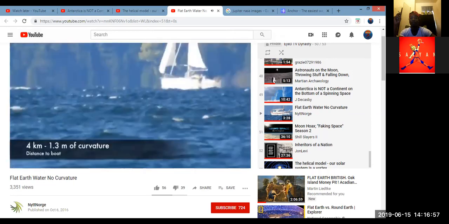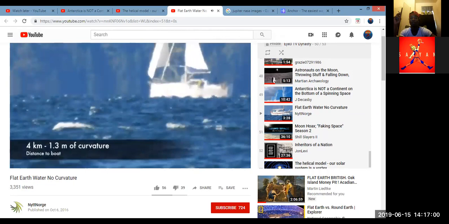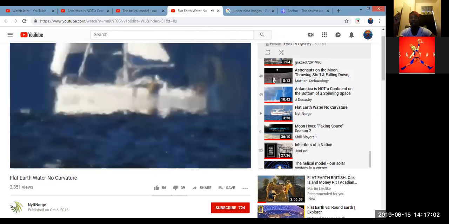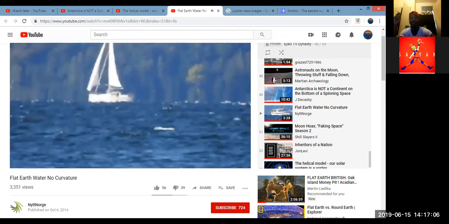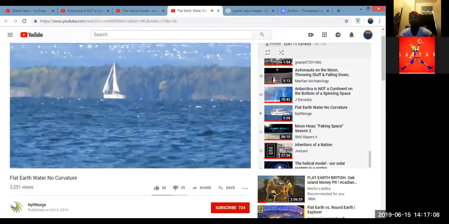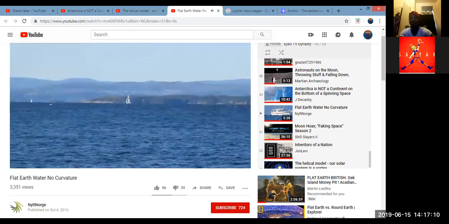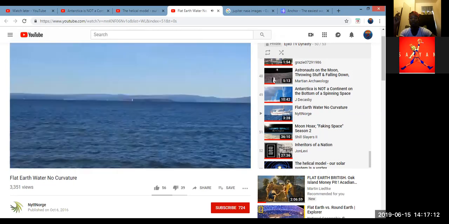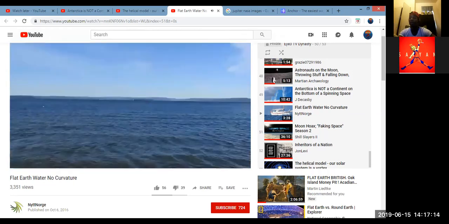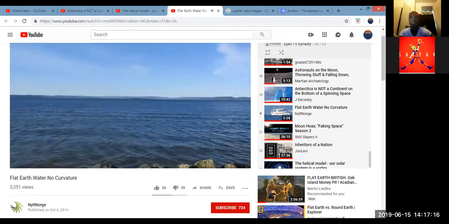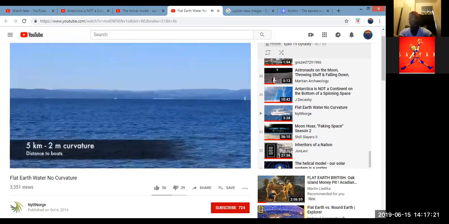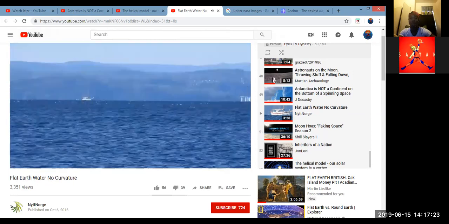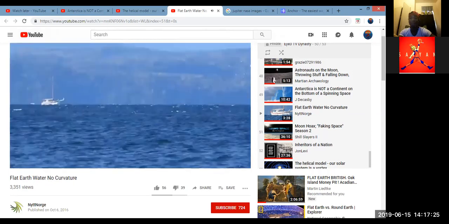This is about 4 kilometers out to that boat. Should be behind 1.3 meters of curvature. It seems to be sailing along the horizon line. Not much curvature to see there. You see the boat is almost gone when you zoom out. This is even further, 6 feet, about 2 meters of curvature out to that boat.